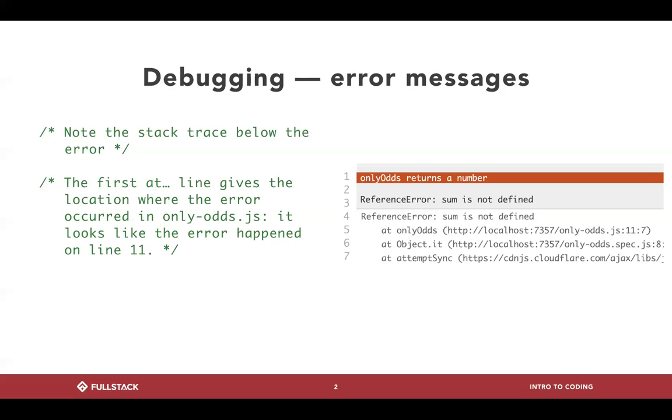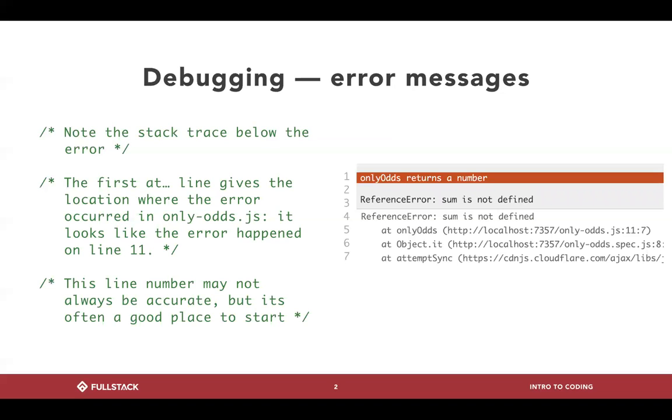So you could go to line 11 and see what might be going on there. The line number is not always accurate. It might not always be exactly what's wrong, but you can see where it broke. That line will be where things broke in the code.